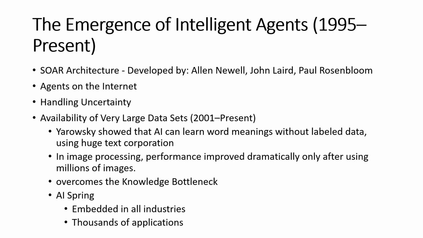From 2001 onwards, very large data sets became available. Yarowsky showed that AI can learn word meanings without labeled data using huge text corpora. And in image processing, performance improved dramatically only after using millions of images.